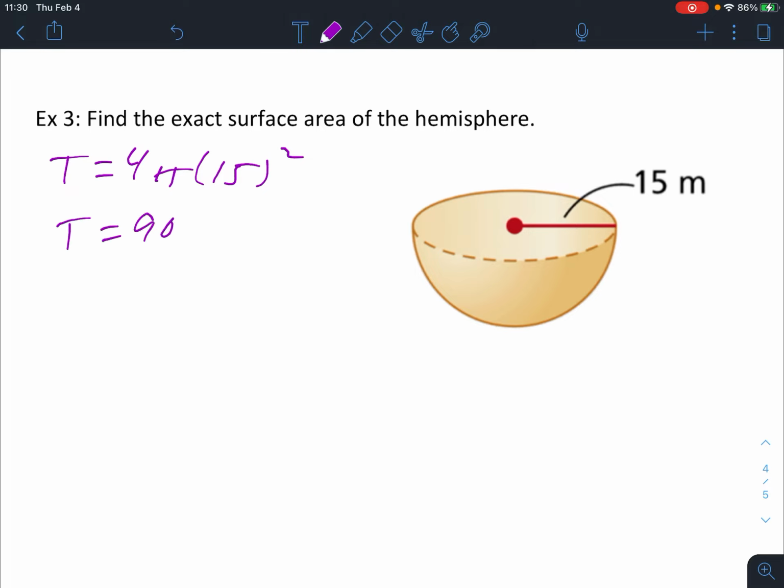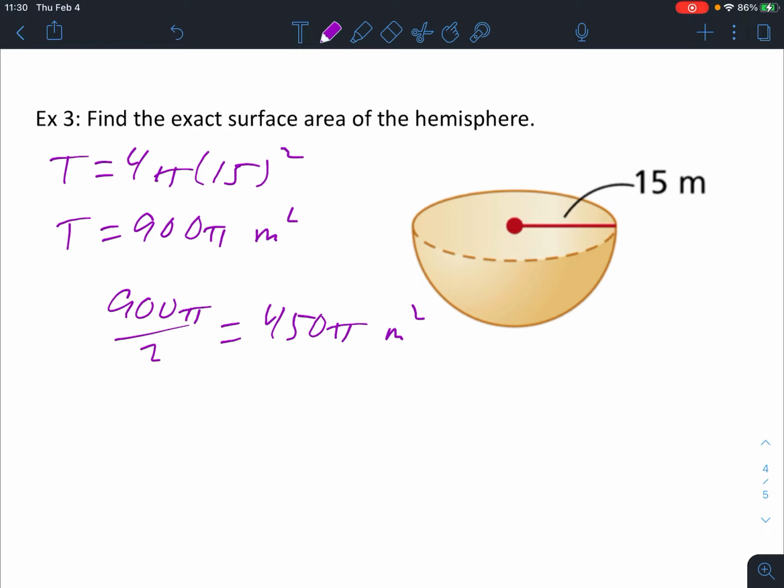That would be 900 pi. That would be if it's a full sphere. But because this is only half of a sphere, you're going to cut that number in half. And our answer would be 450 pi square meters.